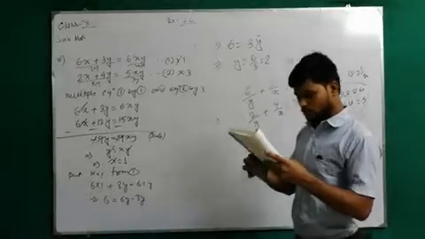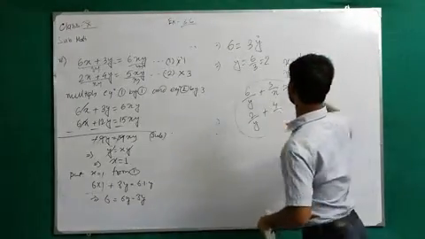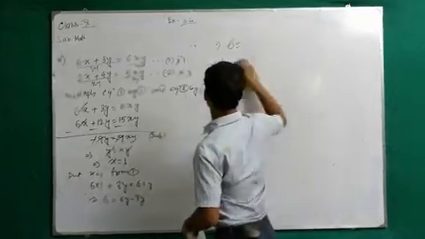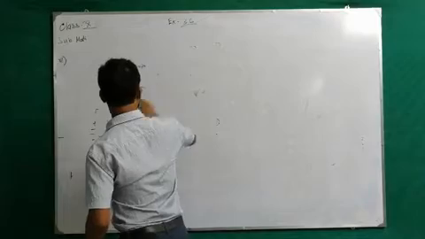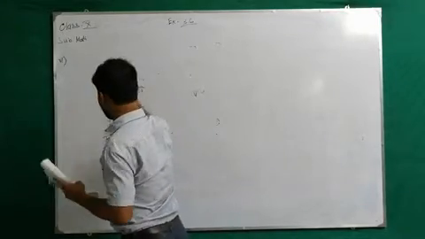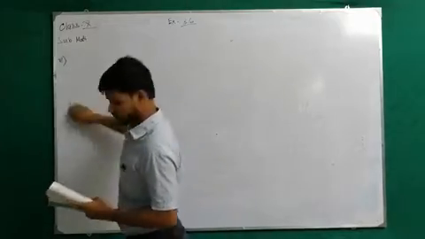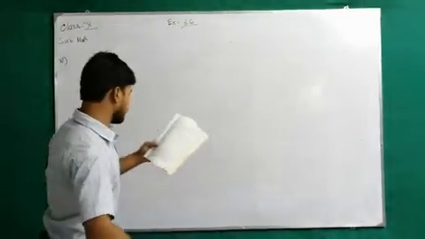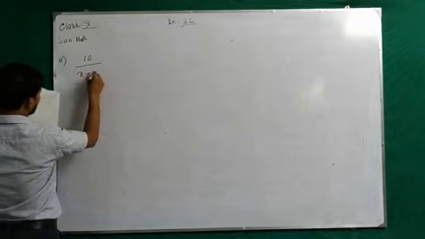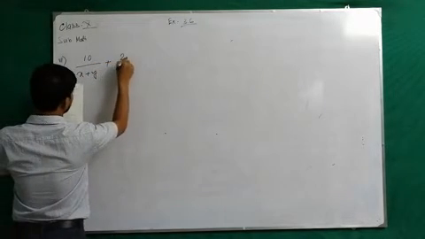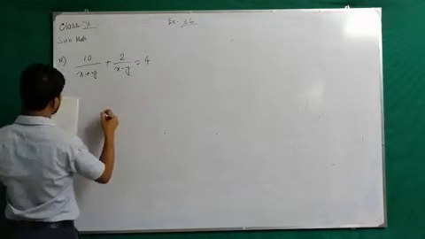Okay, now let's move to question number 7. So question number 7 is 10 by x plus y plus 2 by x minus y is equal to 4.